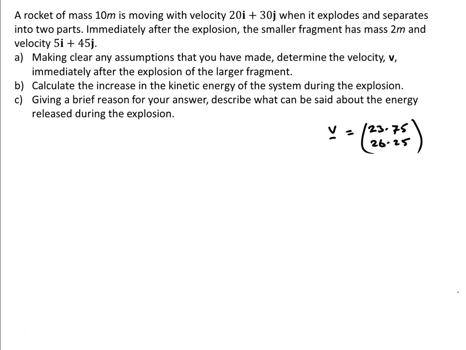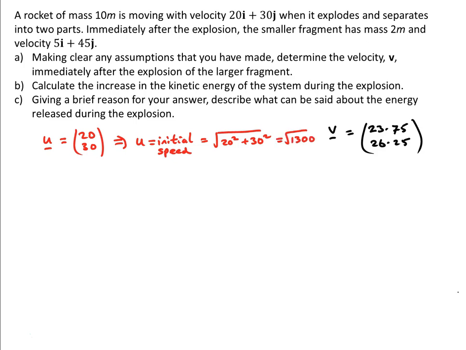So we'll start off by working out the kinetic energy of the system before the explosion. So before the explosion, the rocket was moving with velocity (20, 30), which means that its speed was the square root of 20 squared plus 30 squared, in other words, the square root of 1300.